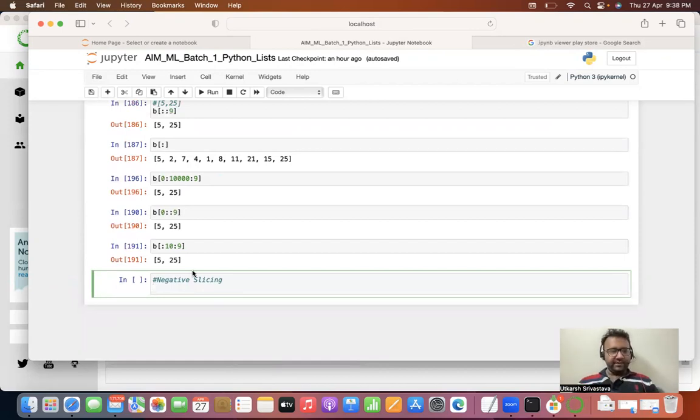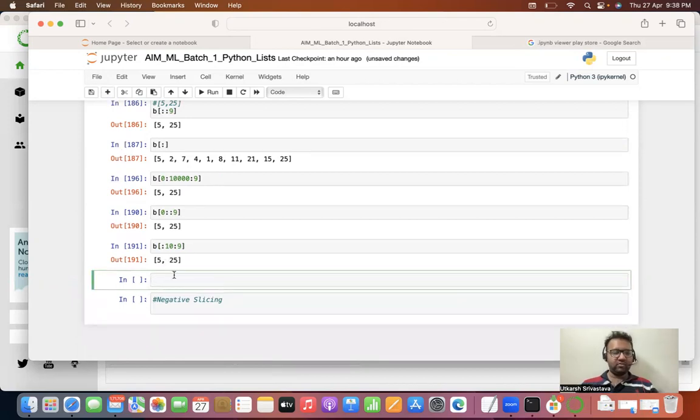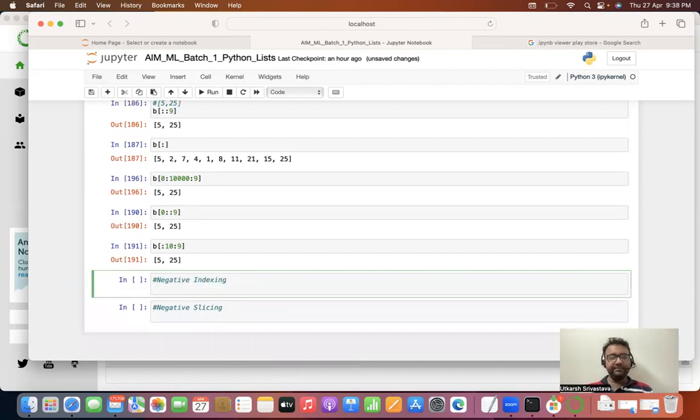Okay, all right. So before we move on towards negative slicing, let us talk about negative indexing.